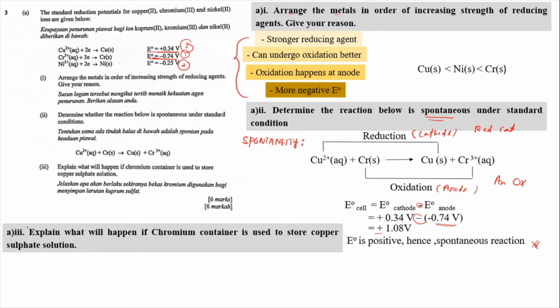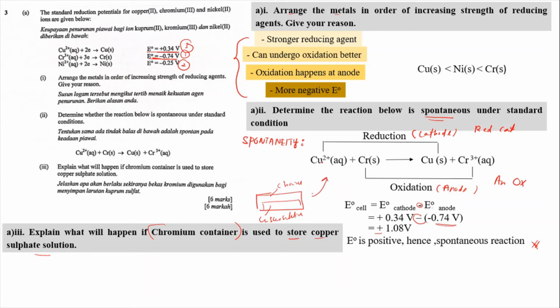Now for question A3, we have to explain what will happen if the chromium container is used to store the copper sulfate solution. So we have a chromium container, and inside it we fill in copper sulfate solution. What do you think will happen? This situation is the same as the reaction here.